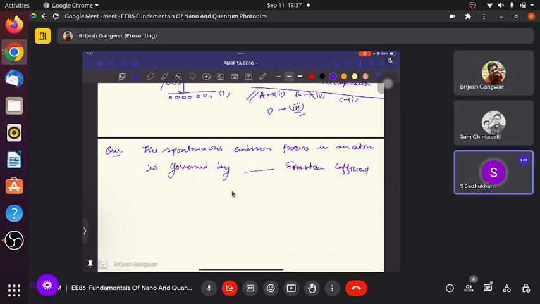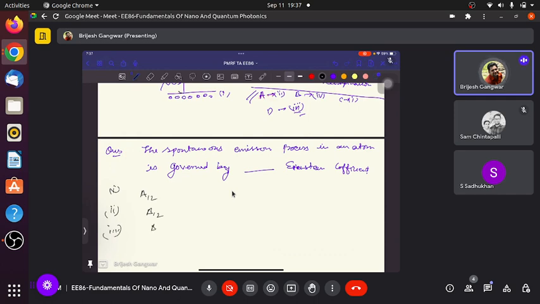The spontaneous one, A21. The options are A12, B12, third one is B21, C is A21, and the fourth one. Okay, so this will be the correct answer, A21.